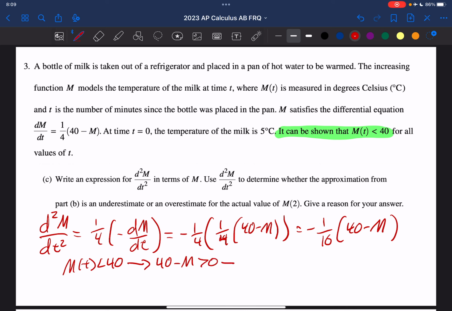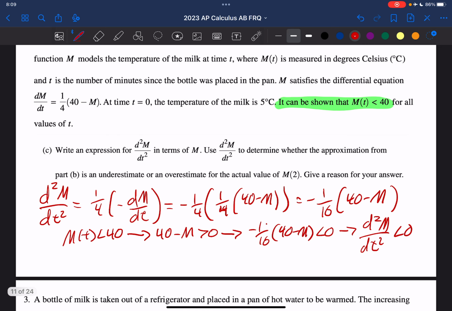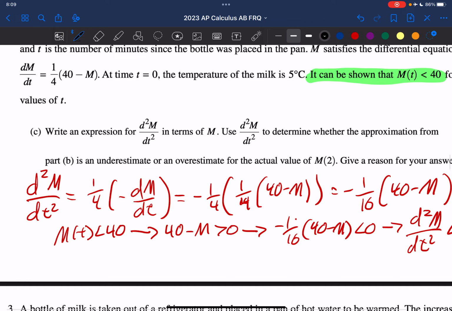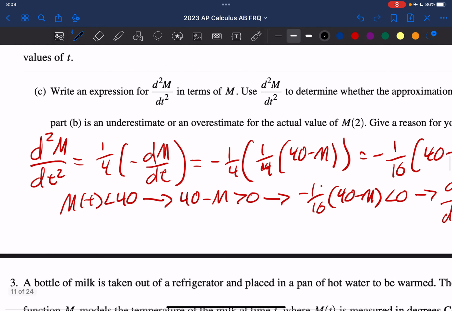And so that means negative 1 over 16 times 40 minus m is going to be less than 0. So the second derivative is less than 0, and because the second derivative is less than 0, that means m of t is concave down.